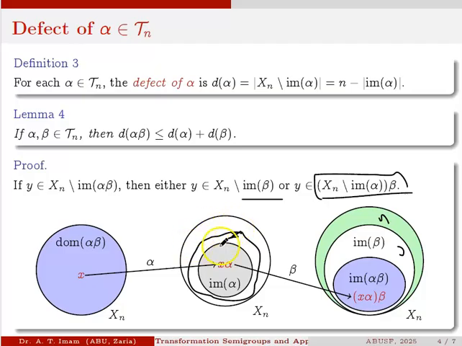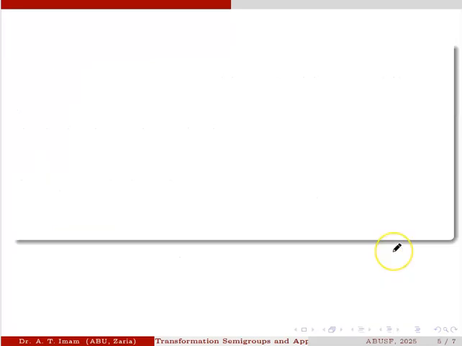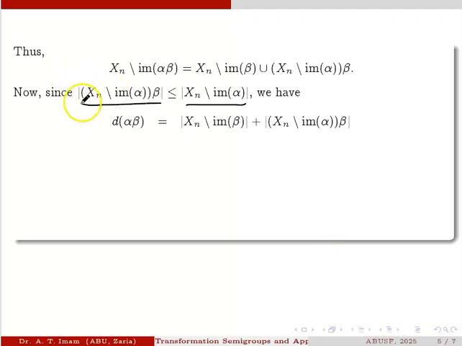And so therefore, this white part is always greater or equal in size to this white part over here. And that is the observation we are trying to make here.